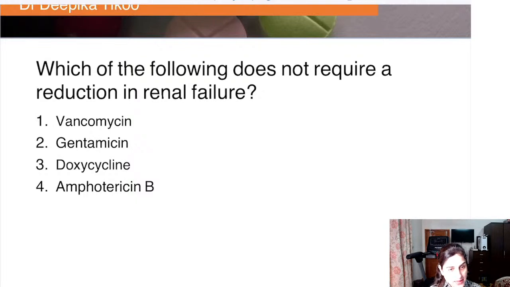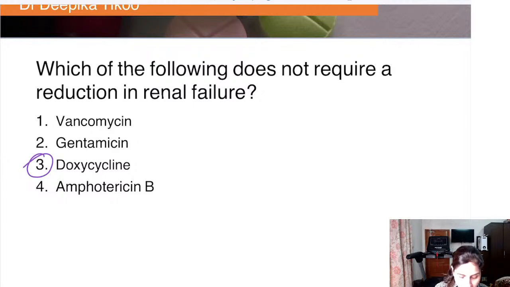Whether it is vancomycin, gentamicin, doxycycline, or amphotericin B. Which does not require a reduction in renal failure? The correct option here would be doxycycline.